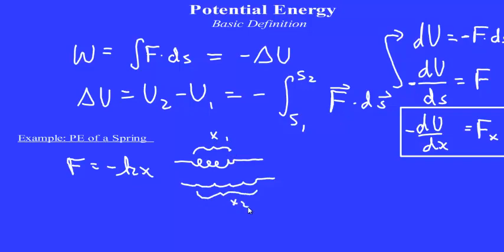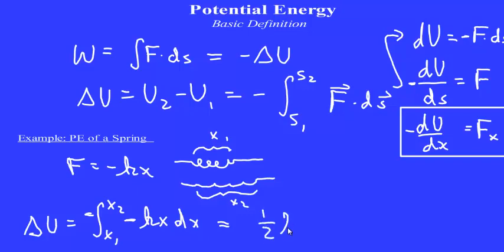We can integrate, because the change of potential energy is the negative integral, from one displacement to the other, of the force with respect to x. When you do that, the negatives cancel and you get 1/2 kx squared, which I think you'll recognize from last year. It was just given to you as a formula: the potential energy of a spring is 1/2 kx squared.